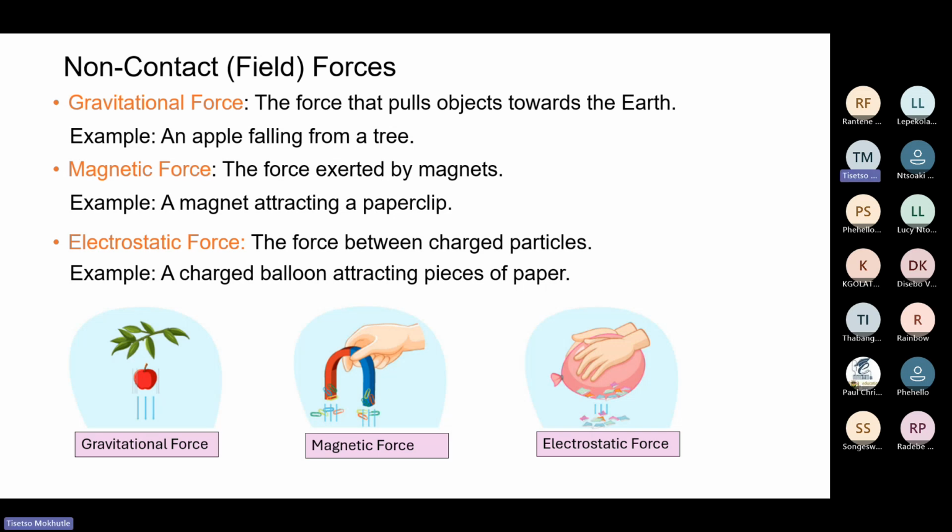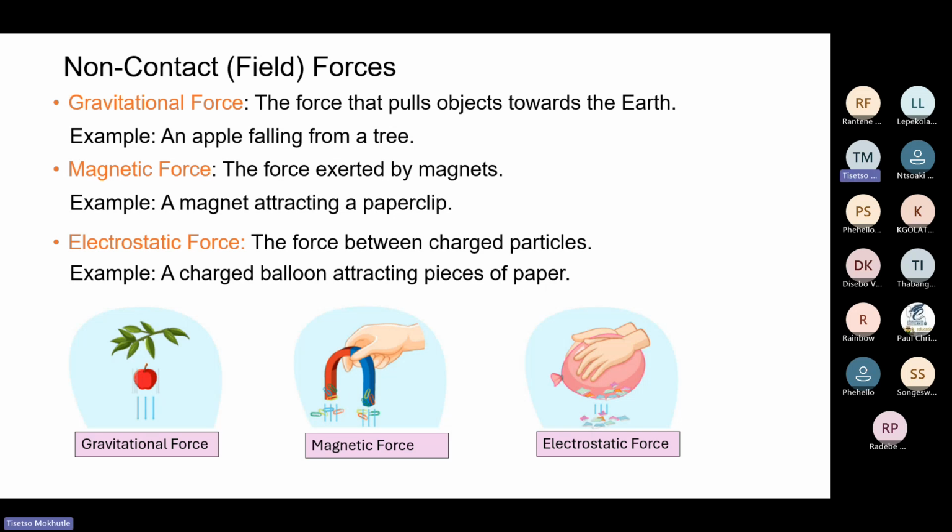And then magnetic force. If you have any magnetic material and then you bring a magnet closer to the magnetic materials, even before touching the object, the magnetic pull will actually attract the magnetic materials towards the magnet. So we call that magnetic force.